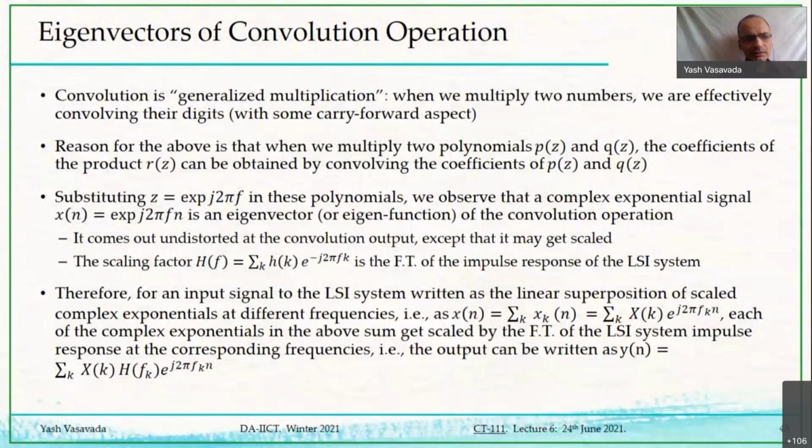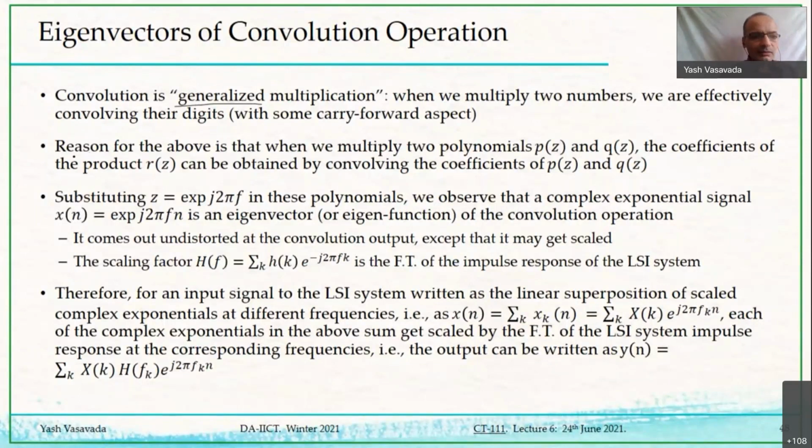In fact, it can be thought of as a generalized multiplier. And we saw that when we multiply two numbers, we are effectively convolving their digits, right?